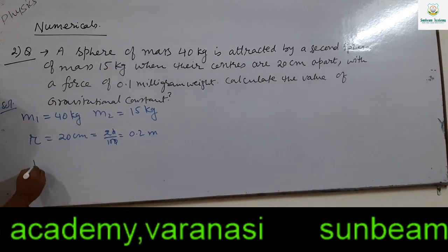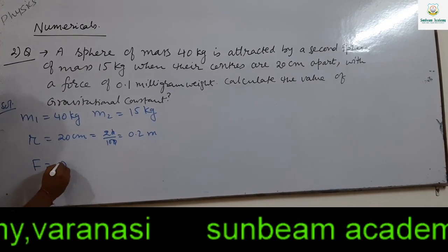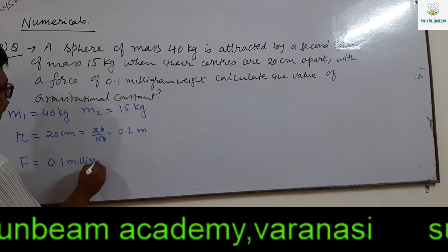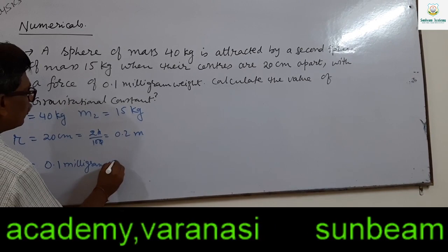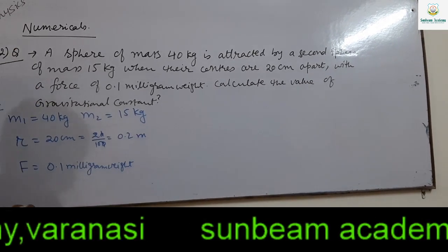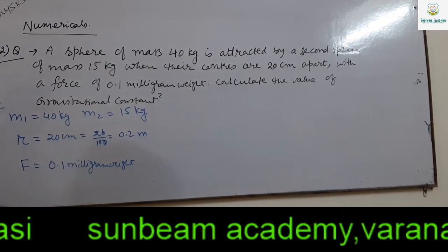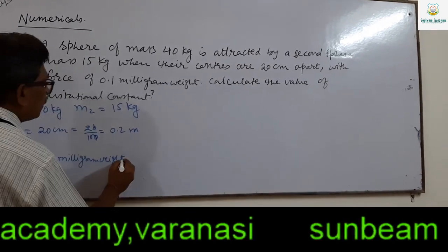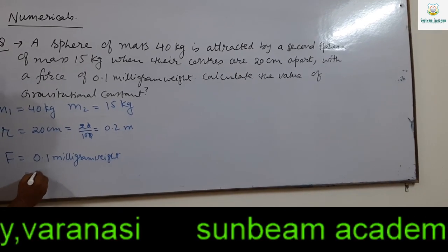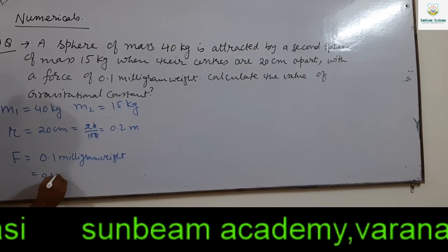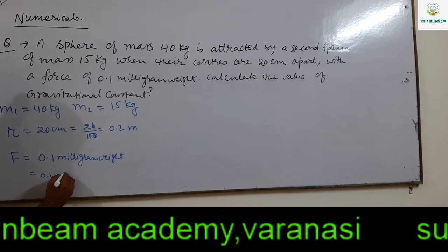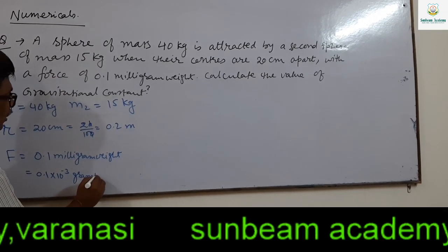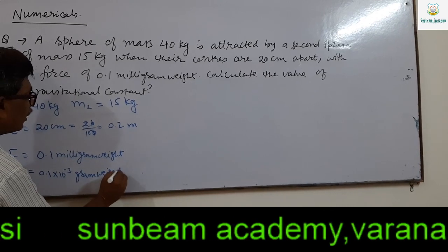And F is given here 0.1 milligram weight. So you convert it first into gram weight, then kg weight, then Newton. So this will be equal to 0.1 into 10 to the power minus 3 gram weight.